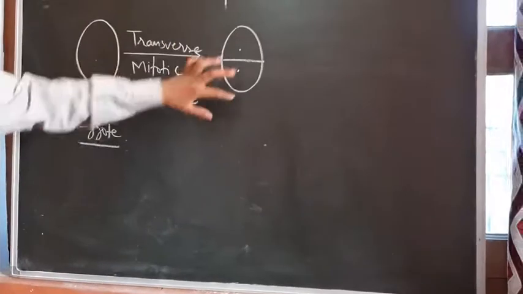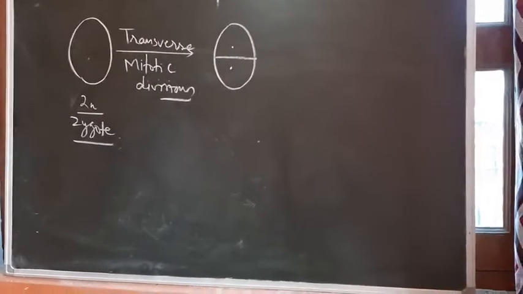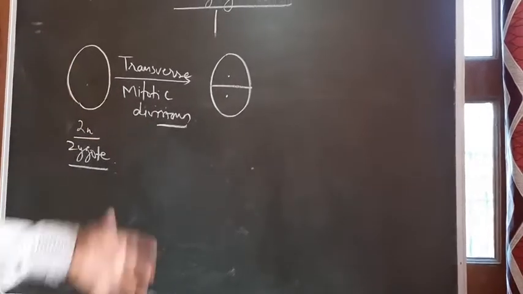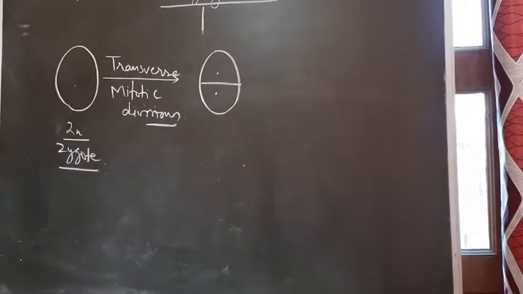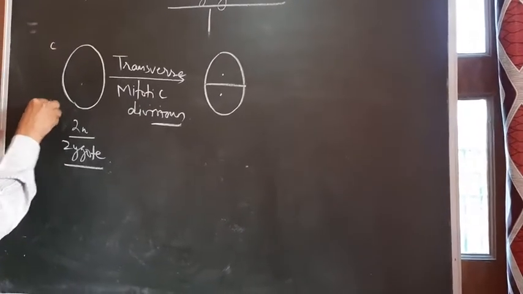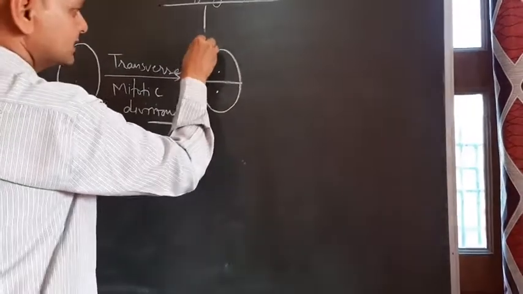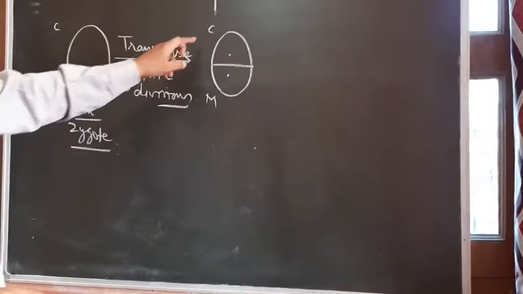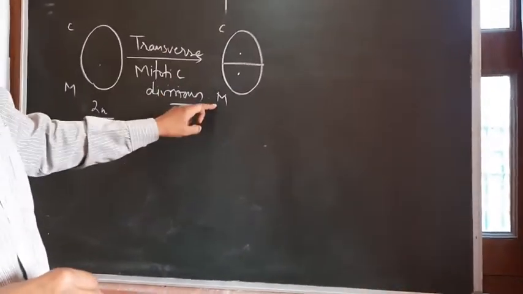These will be the two cells. In order to locate the structure inside the female gametophyte, we need to mention the ends. So this becomes the chalazal and this becomes the micropylar end. So here it is the chalazal, and one is the micropylar. What we see here is one cell formed at the chalazal and one cell formed at the micropylar end.